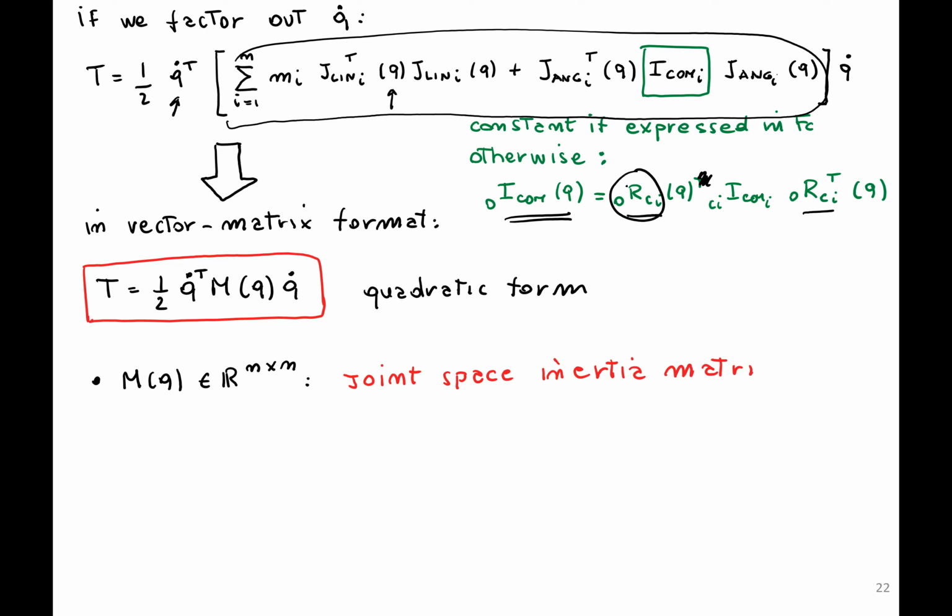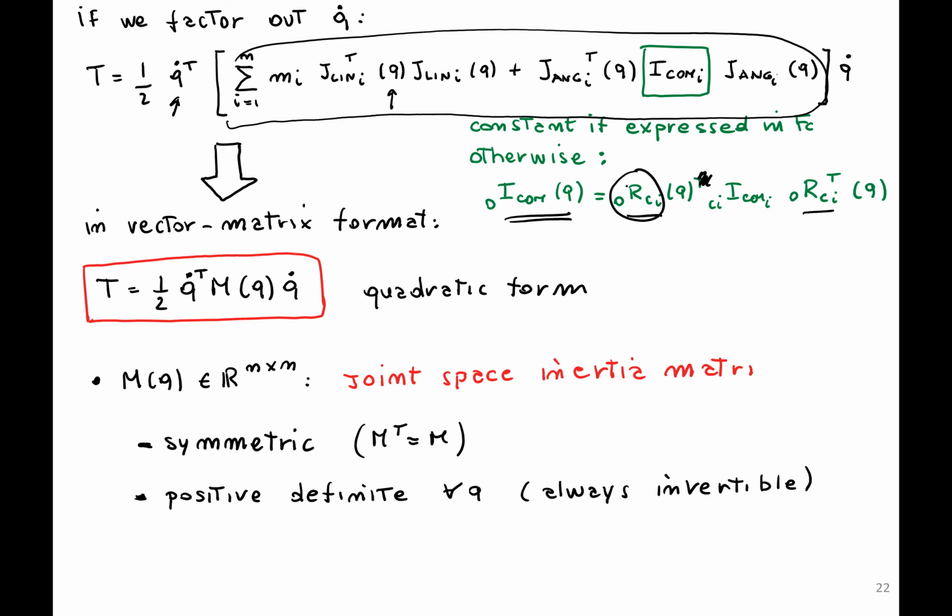And this matrix M is an n times n symmetric matrix. We call it the joint space inertia matrix, and because it belongs to a quadratic form that represents the kinetic energy, and this kinetic energy is always non-negative, it means that it is zero only whenever the velocity is zero.